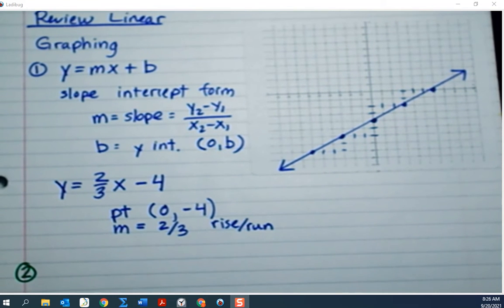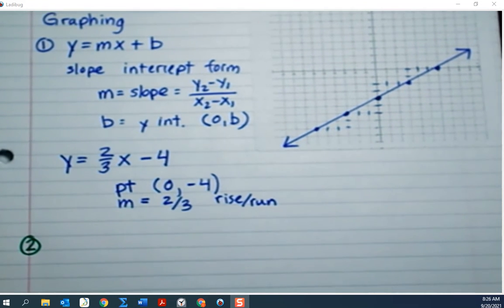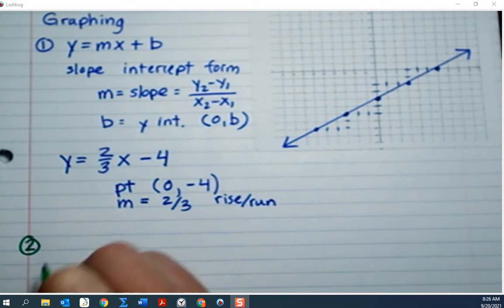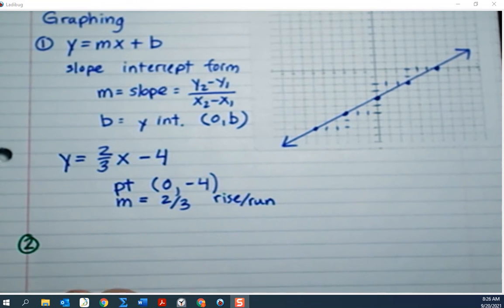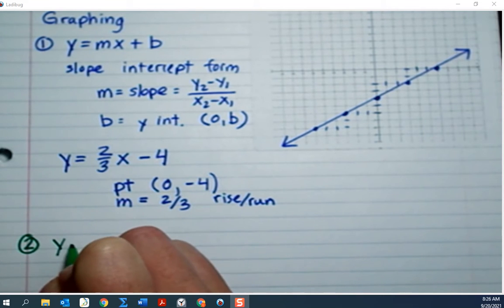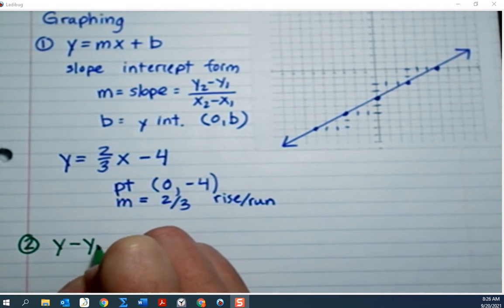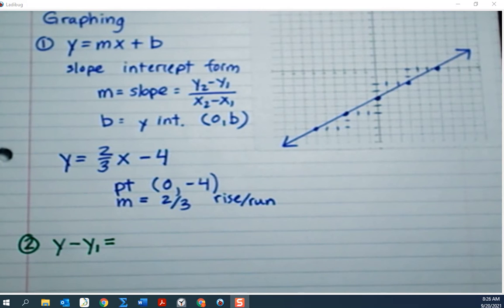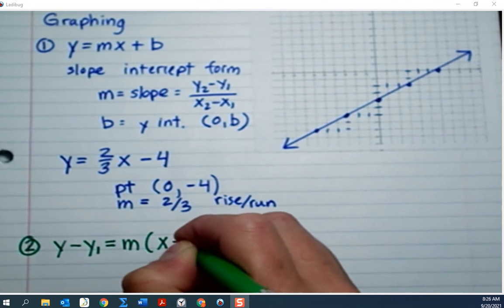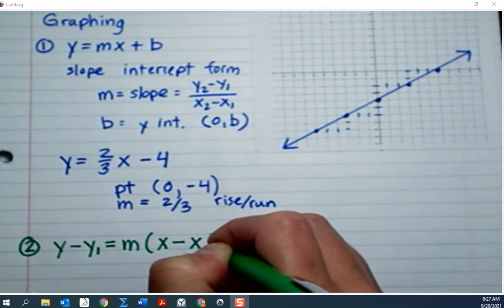Number 2. Okay, let's try y minus y1 equals m x minus x1.